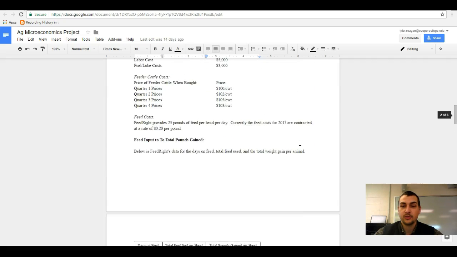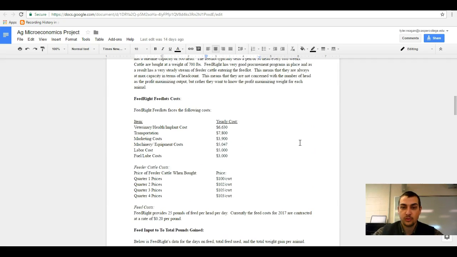As you're going through this, you're going to have to find total cost, total variable cost, and total fixed cost. If you remember, total cost is on a per fixed unit basis. In this case, we're going to do that fixed unit as per head. So whenever we're talking about total cost, we're going to say total fixed cost per head, total variable cost per head, and total cost per head.